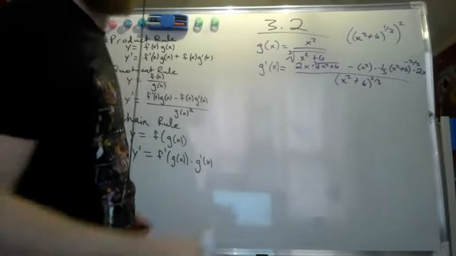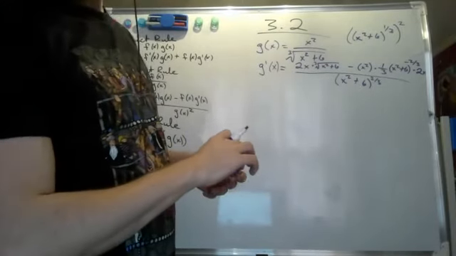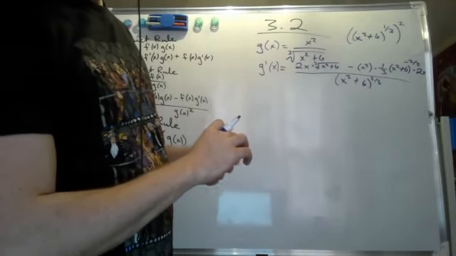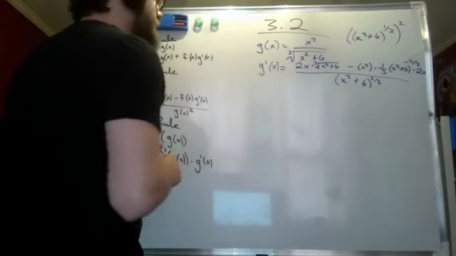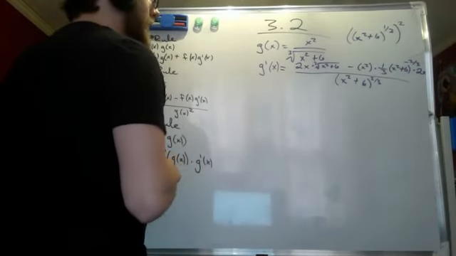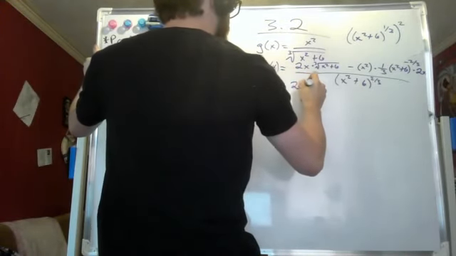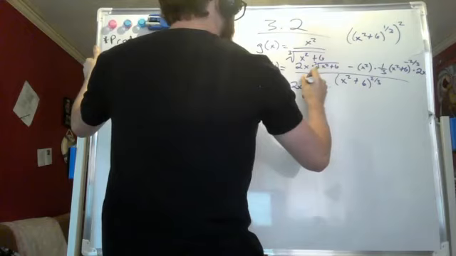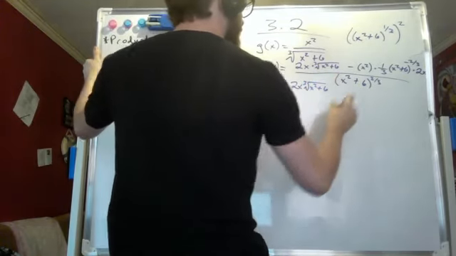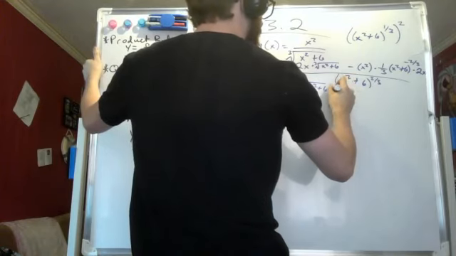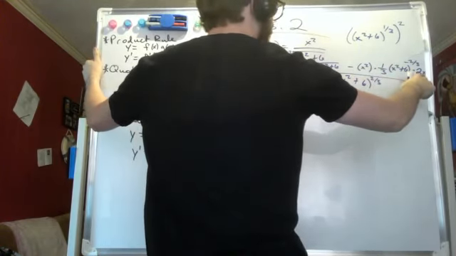All right, so far so good. Okay, so what do we get? Now we've got 2x cube root of x squared plus 6, minus, now we've got an x squared times an x.